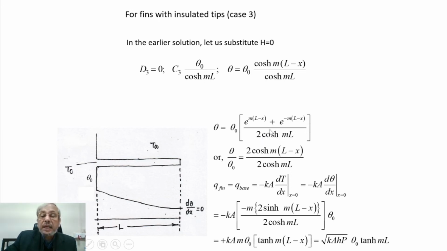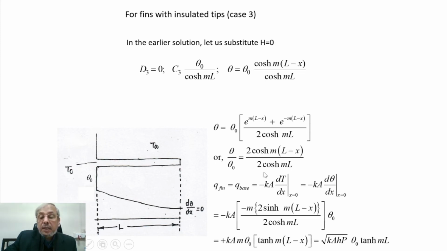We are just rewriting this. So theta by theta naught, we can write as 2 cos hyperbolic m(L minus x) divided by 2 cos hyperbolic mL. Then Q fin, the heat transfer at the base where theta equals theta naught, is minus k dT/dx at x equal to 0, or minus k d theta/dx at x equal to 0.